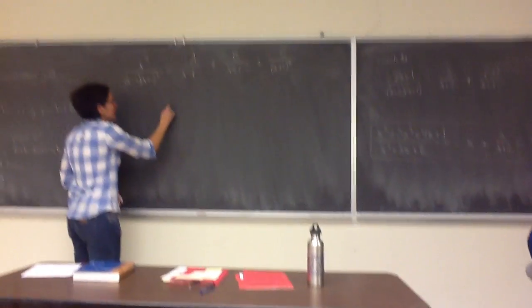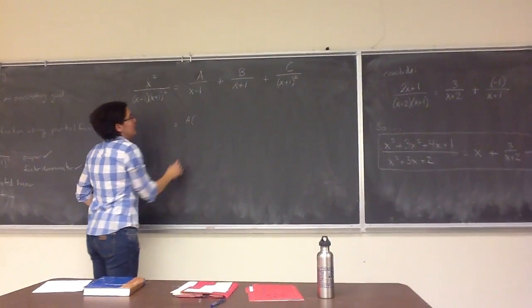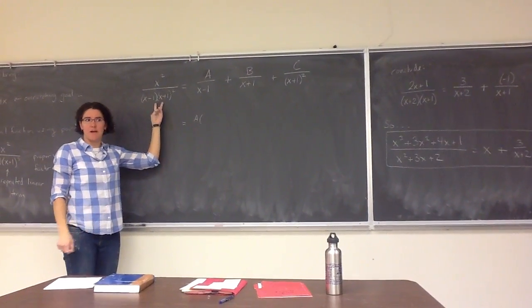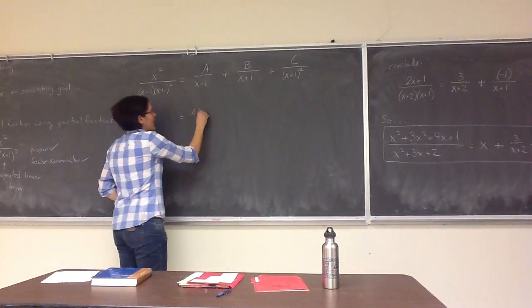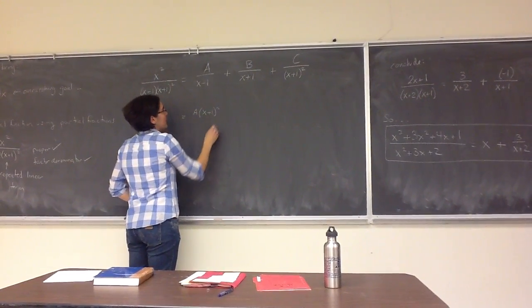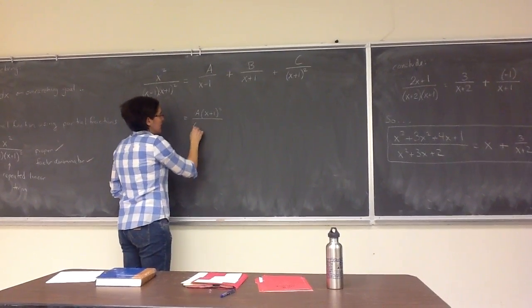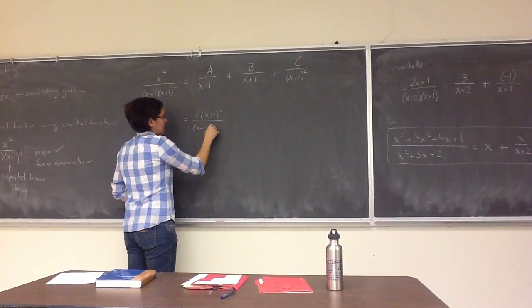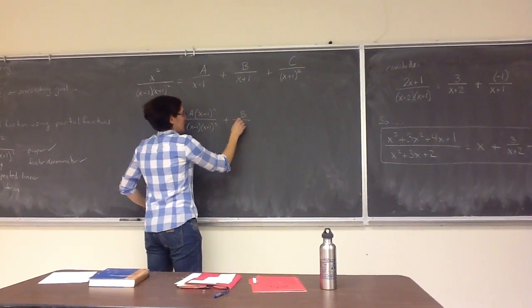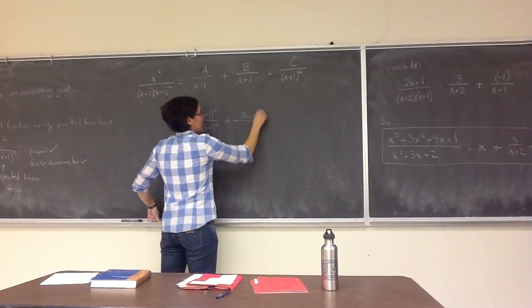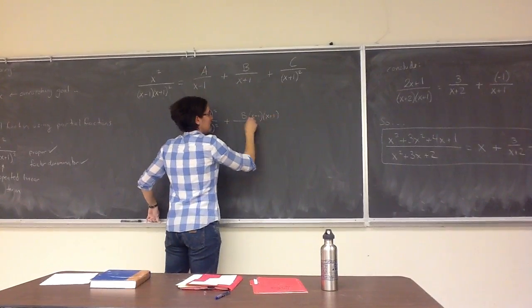on the right side. So we'd have a times, we need a common denominator of x minus 1 times x plus 1 squared. So we have a times x plus 1 squared over x minus 1 times x plus 1 squared. Plus b, we need an x minus 1 and an x plus 1.